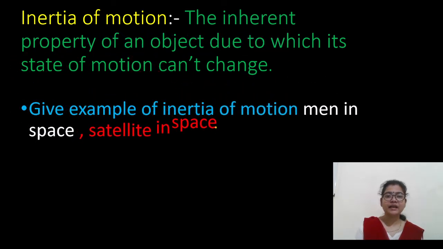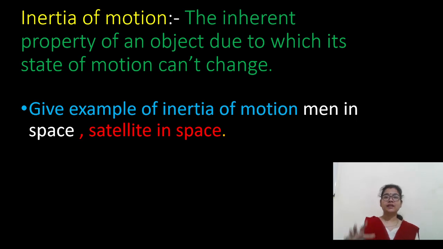Examples of inertia of motion: a man in space and a satellite in space. There is no other force acting over them, so they are always in motion.